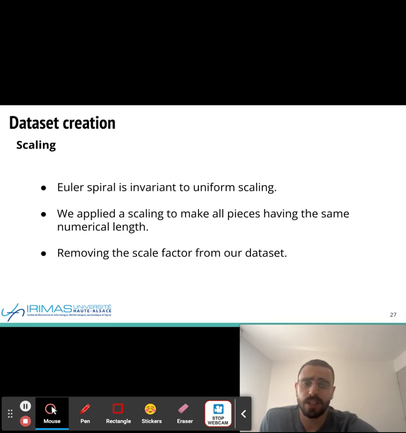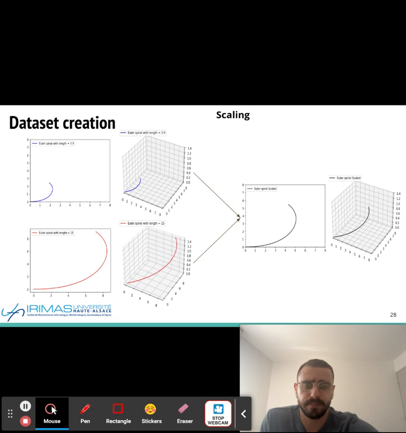So to establish a systematic search approach, we take advantage of the 3D Euler spiral property, which is the invariance to similarity transformation. And we apply a uniform scaling for all segments in our dataset, making all of them have the same length while preserving their original aspect ratio. And by doing so, we remove the scaling factor from our dataset.